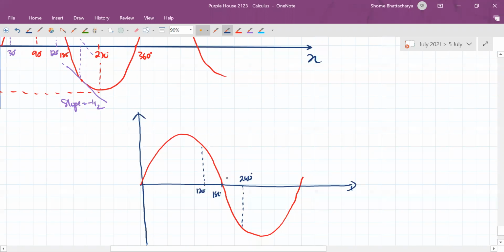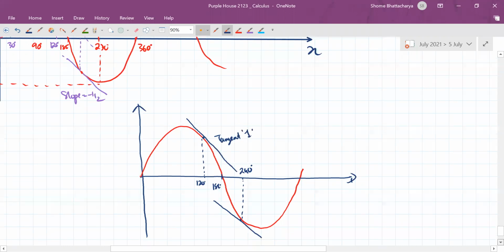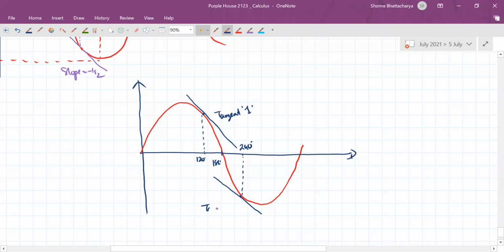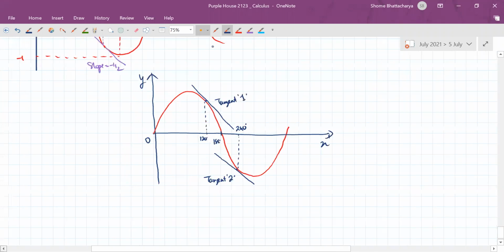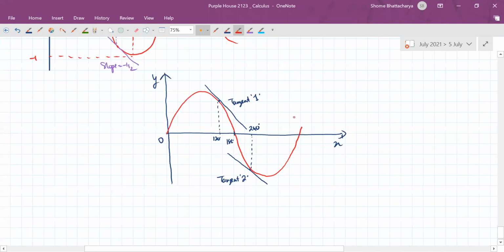So the graph has that interesting aspect that here if I draw a tangent, the kind of line I'll get, and here if I draw a tangent, the kind of line I get, they're actually parallel to each other. So this tangent 1, let's say, and this tangent 2, they are actually parallel lines, and both have a slope of minus half each. So it should not come as a surprise that we got the same value of slope of tangent.